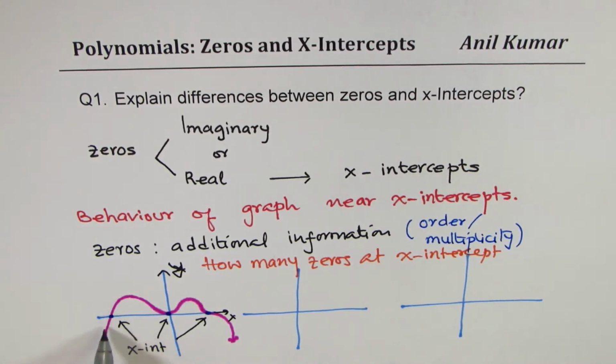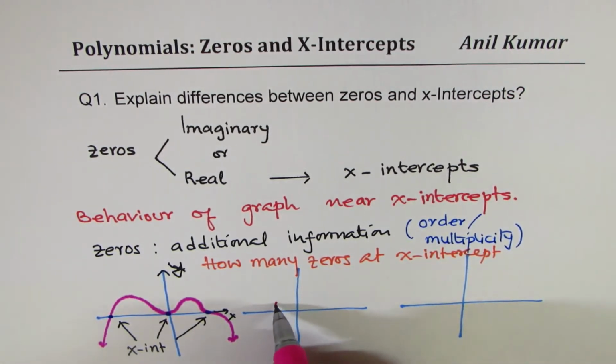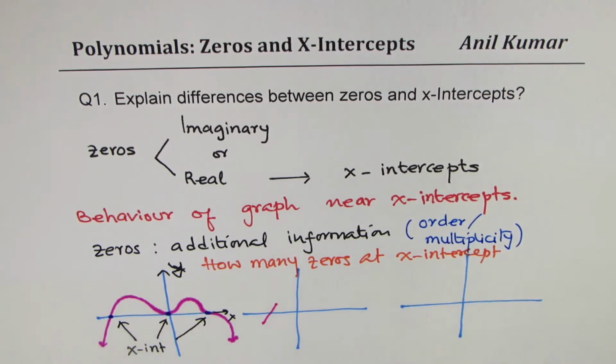Now, this kind of a curve which goes like a straight line, let me show you again. The kind of a curve which goes like a straight line, here we will say the order is 1. So the order is 1 for the zero.